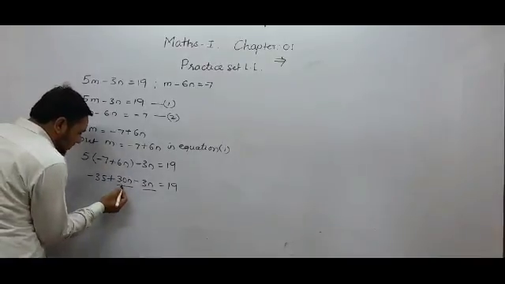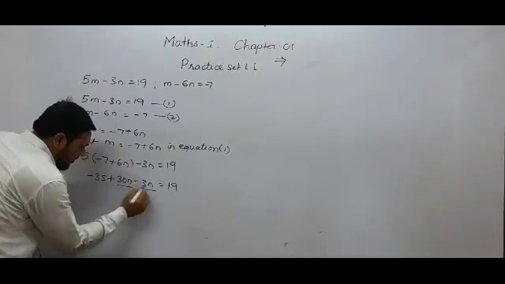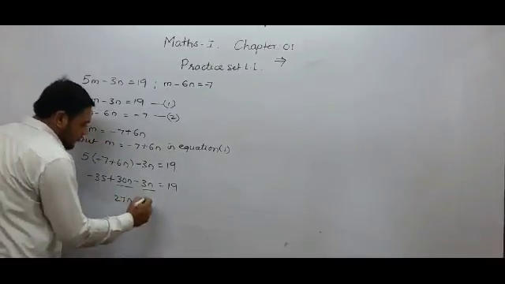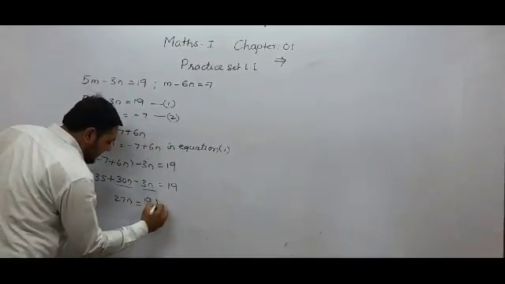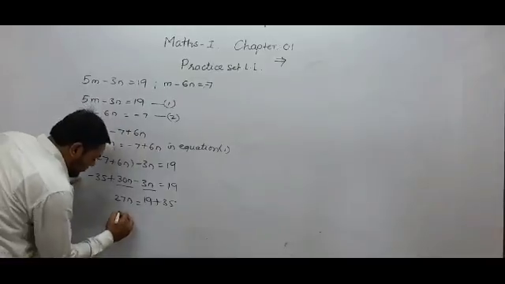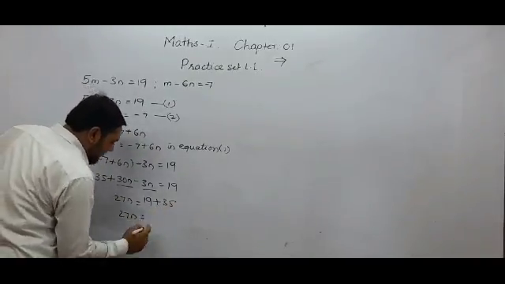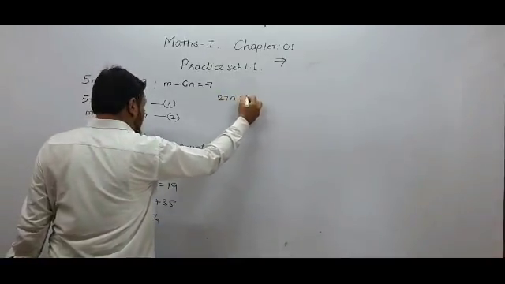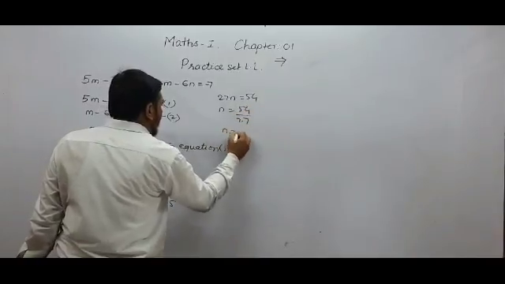This positive 30n and this negative 3n will be subtracted, it will become 30 minus 3, 27n, and this will be equal to 19, and this negative 35 will go to this side, it will become positive 35. So it will be 27n equal to 19 plus 35, it will be 54. So 27n equal to 54 and n equal to 54 upon 27, n equal to 2.